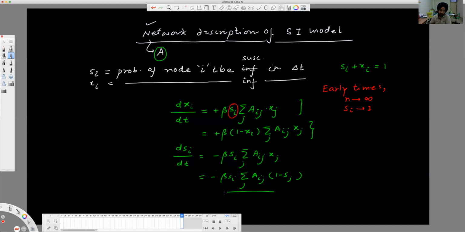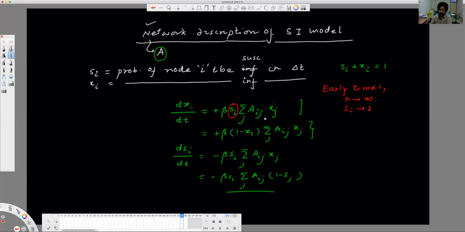If we do so, I can rewrite the whole thing in matrix form now. X is a vector here, a vector of infection probabilities, equal to beta, which is a constant scalar value, times A, the matrix, and then we have X.